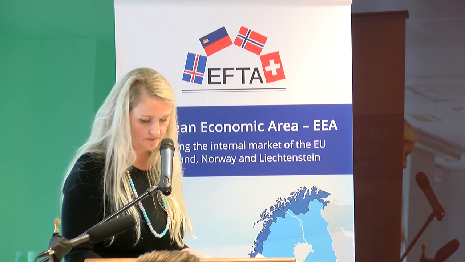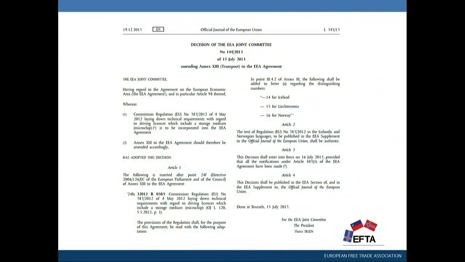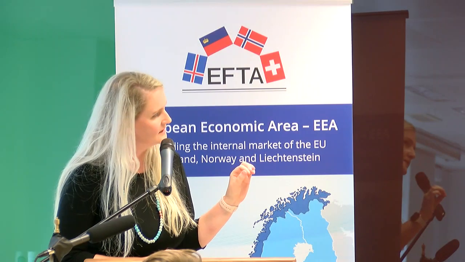So just to make this a bit practical, this is what a typical Joint Committee decision looks like. Perhaps it's difficult to see. First, it sets out the legal basis, and then the act that is to be incorporated is listed, and also in which annex, so in exactly which point of the EEA agreement it is to be incorporated.